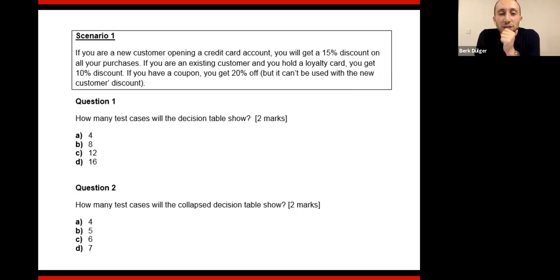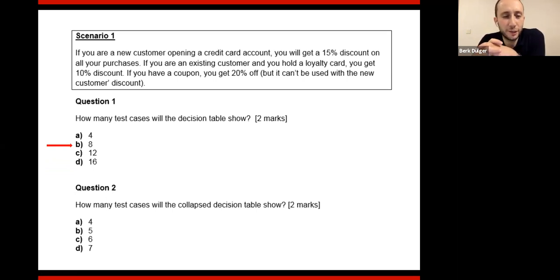I think you are. Okay. Yes, there are 3 different conditions. What are they? Loyalty card, being a new customer, and having a coupon, right? There are 3 different conditions. If we have the power for 3 conditions, 8 test cases will be displayed in the table, right?